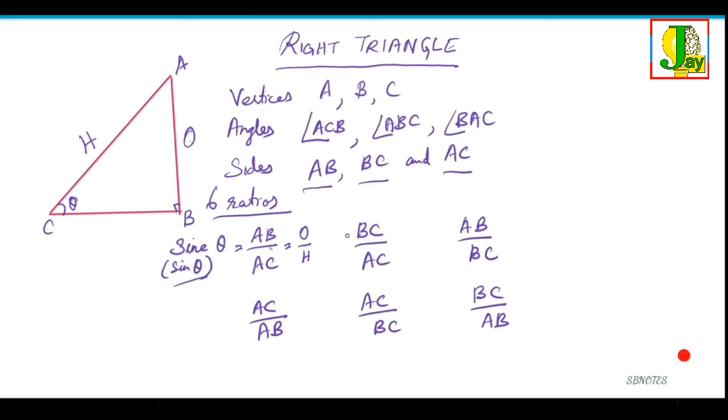Now the second ratio is, this one is adjacent to this angle, so that's adjacent to the angle theta, and we have cosine theta. So in short we write cos theta.